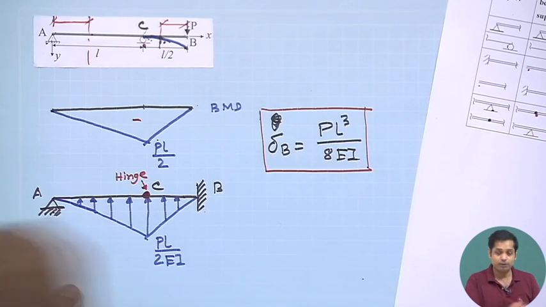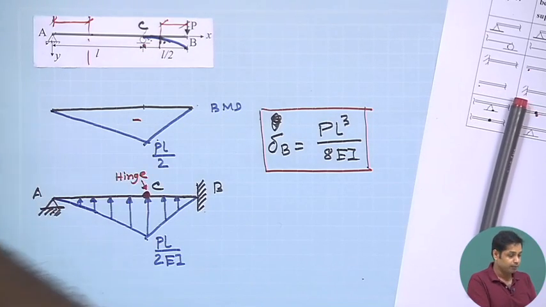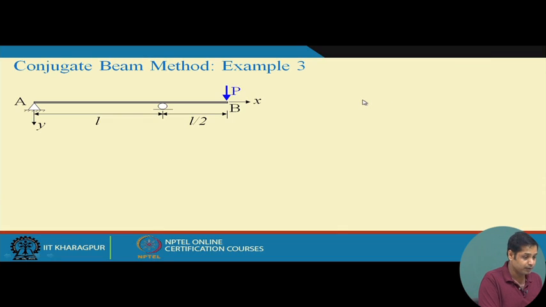Okay. Now, let us see what would be the possible deflected shape of this beam. You see, this part will go down because this will behave as a normal regular cantilever beam subjected to tip load. This will go down and there is no load here.